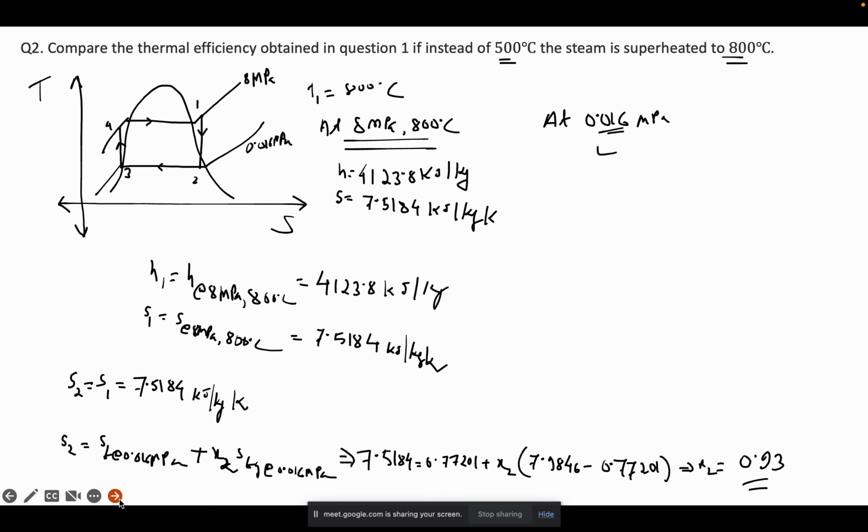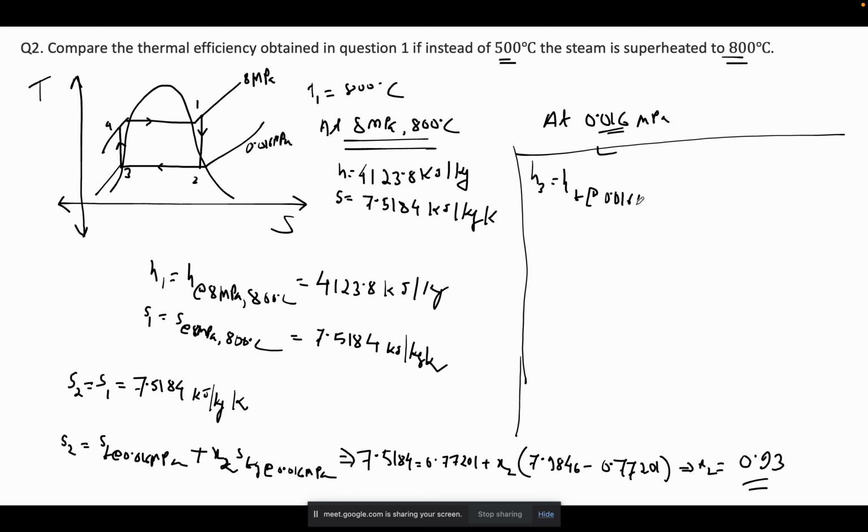Now will H3 be changed? The 3 point, is it changing? No, because H3 is still the same. It is nothing but HF at 0.016 megapascal, which is 231.67 kilojoule per kg. Now will my H4 be changed?